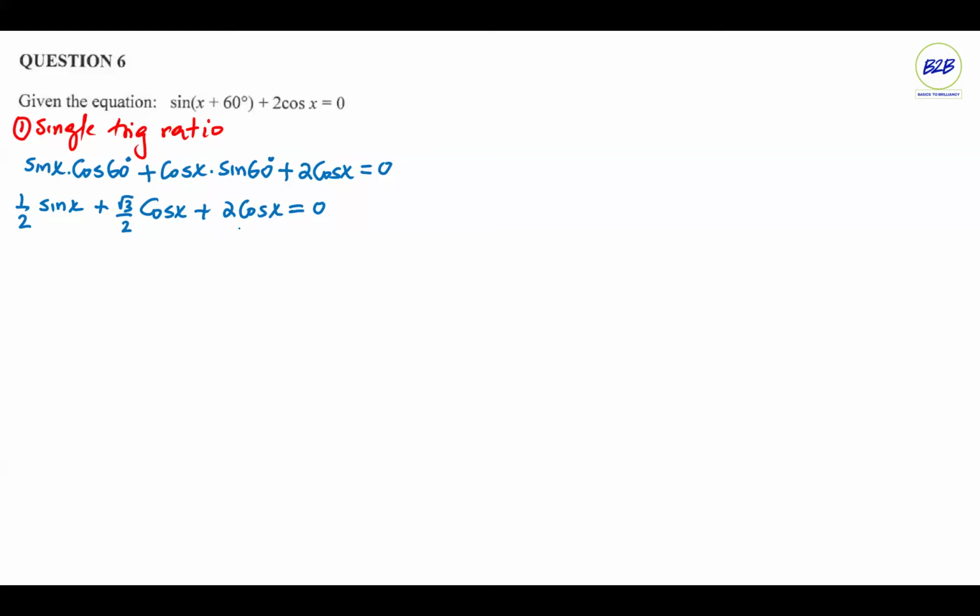That's why. Then we can combine these two. We will say 1 over 2 sine of x, root 3 over 2 plus 2. That will give us root 3 plus 4 all over 2. We multiply then that by cosine of x.